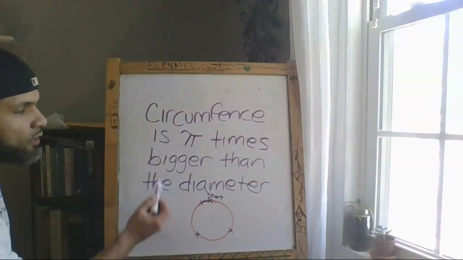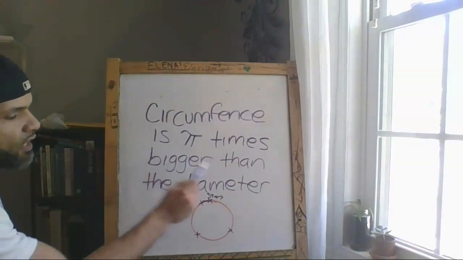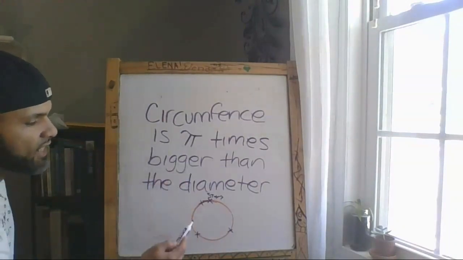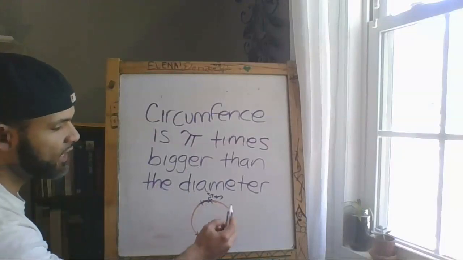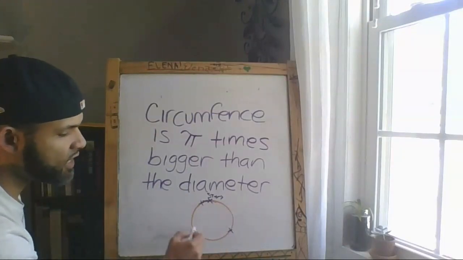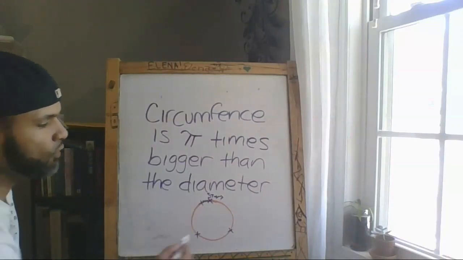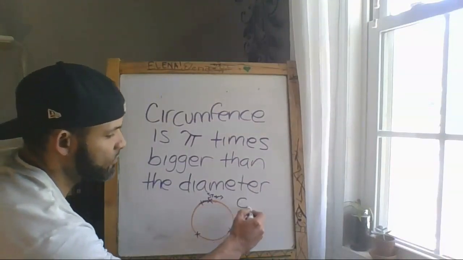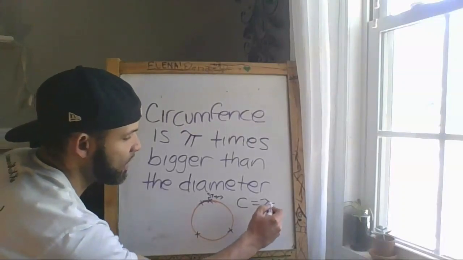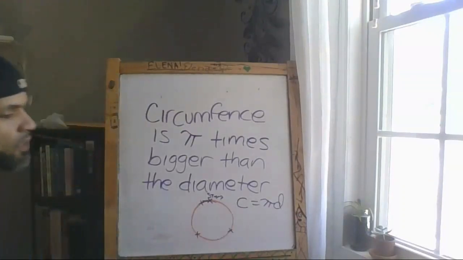Here's where we learned that the circumference of the circle is about pi times bigger. Why was it pi times bigger? Because it was a little bit more than 3, 3.14 is what we learned. So C is equal to pi times the diameter.